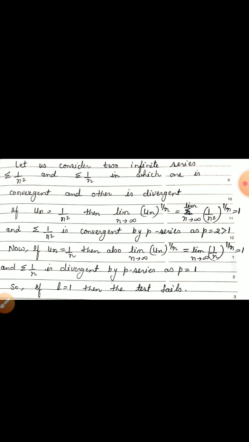Now if un is equal to 1 by n, then also limit n tending to infinity un power 1 by n is equal to 1, but the series summation 1 by n is divergent by p series as p is equal to 1. So we can see that in the first case it is a convergent series when L is equal to 1, but in the second case it is a divergent series and L is equal to 1. So if L is equal to 1, then the test fails.